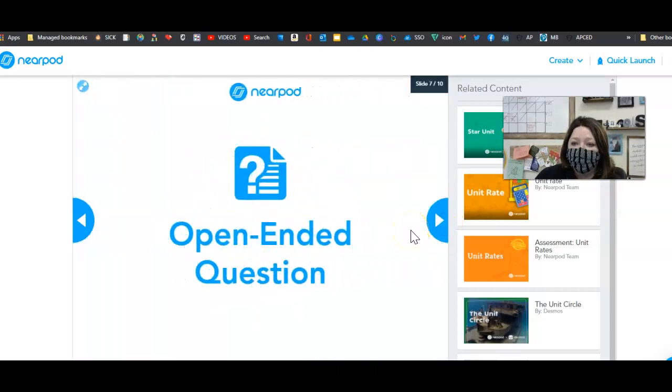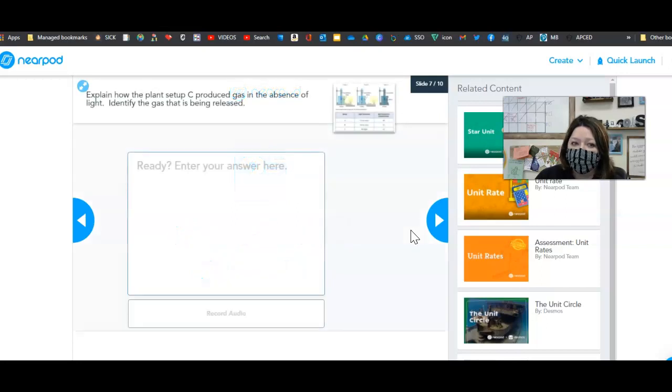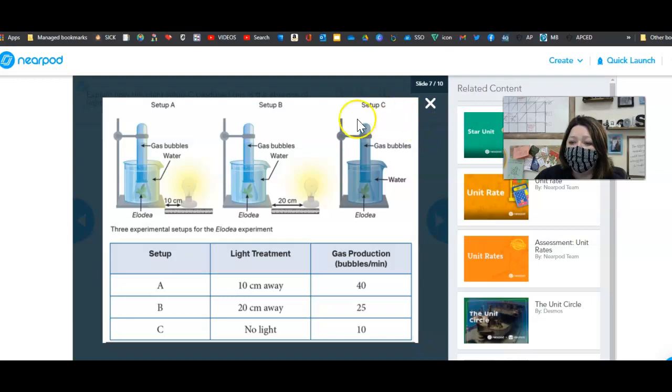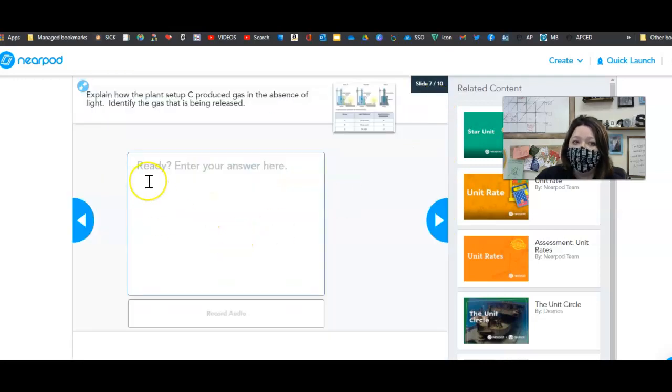And then question number 3 is talking about setup number C. Setup number C, if you remember, was the one that is in complete darkness, but it still makes some bubbles. Okay. This one you guys are trying to get creative about, and you really don't need to. It's saying to identify the gas being released and explain how it is making that gas in the absence of light. Y'all, plants do not only do photosynthesis.